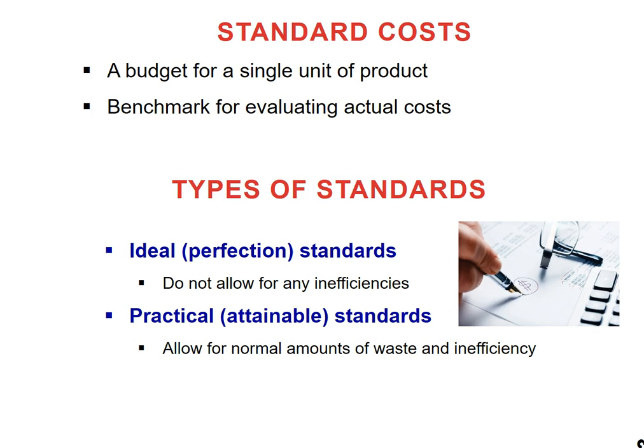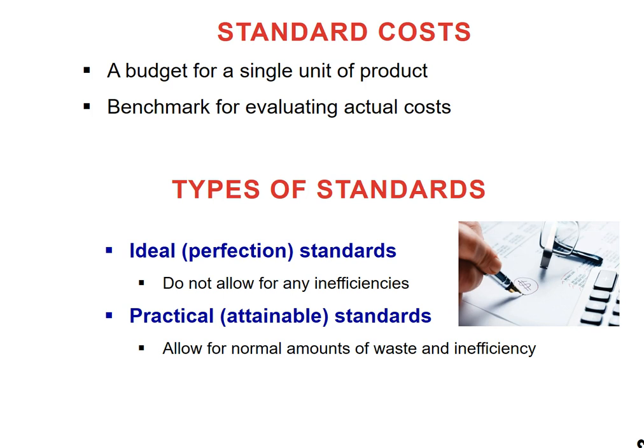So standard cost is kind of the benchmark for evaluating your actual cost, and we usually express the standard cost only for a single unit of product. And there are two types of standards. One is called the ideal standard, and in this type of scenario you will not allow any inefficiencies, but in the real world you may have some inefficiency, you may have machine breakdown, or you may have some wastage.